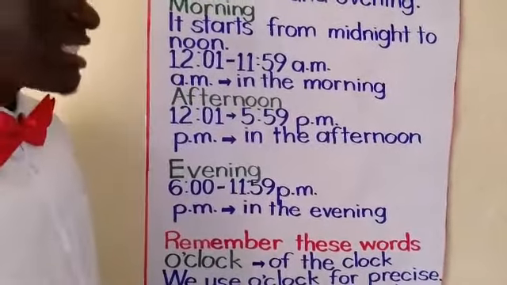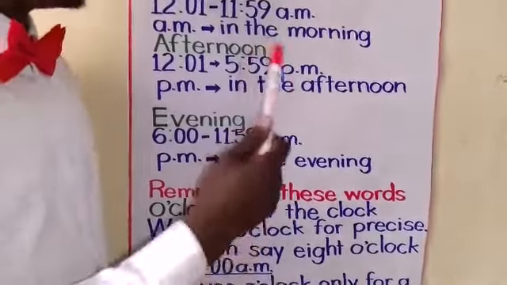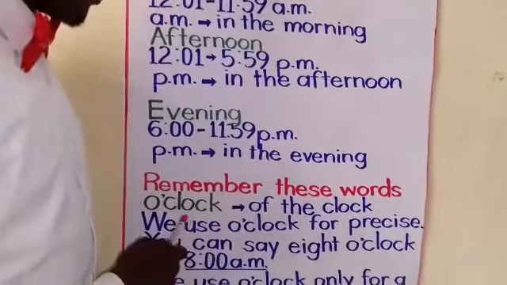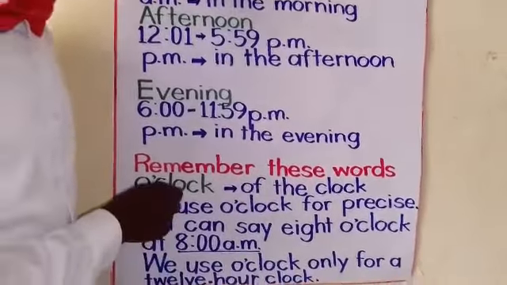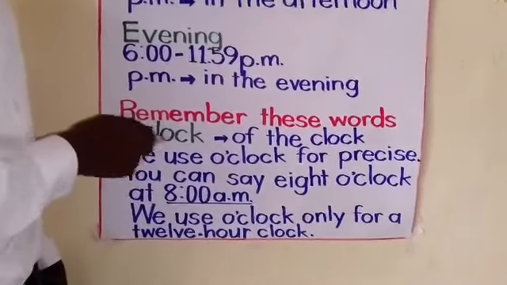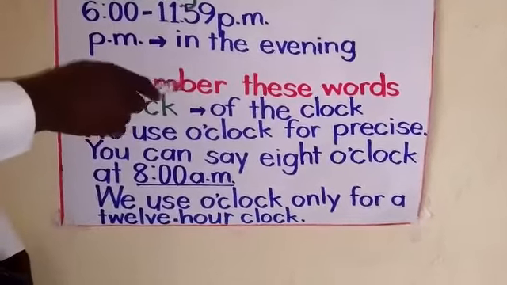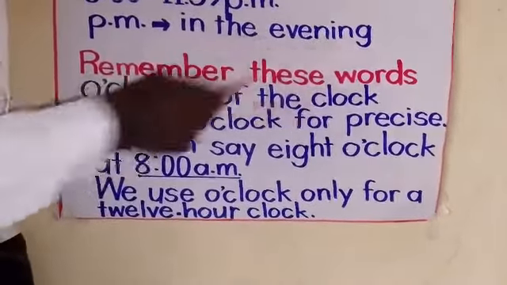When we are telling time, we should remember these words. One is o'clock. It has an apostrophe, meaning that it is a contraction, and this contraction o'clock stands for of the clock.